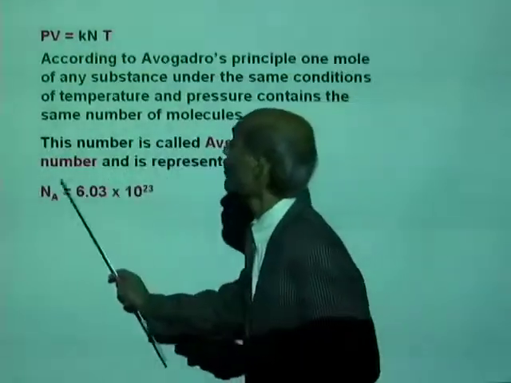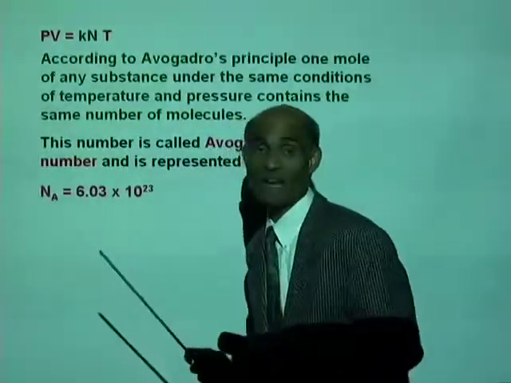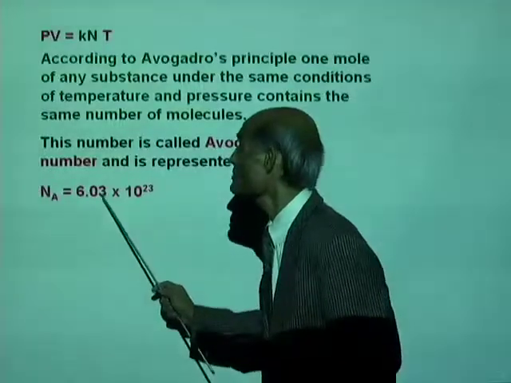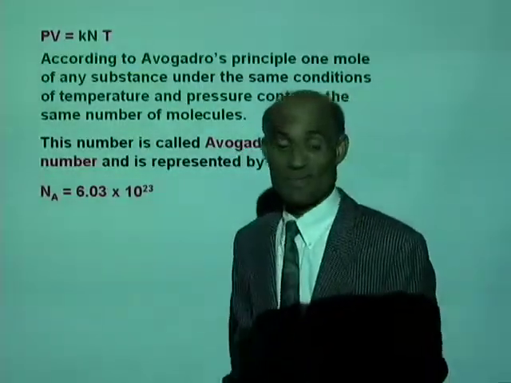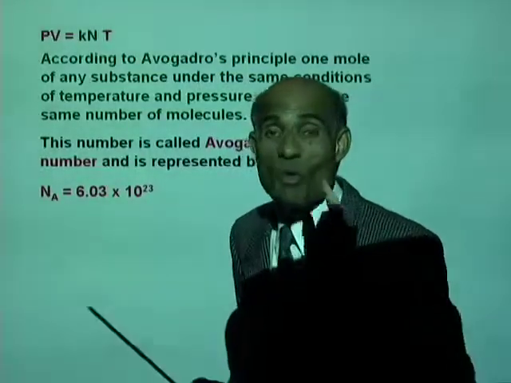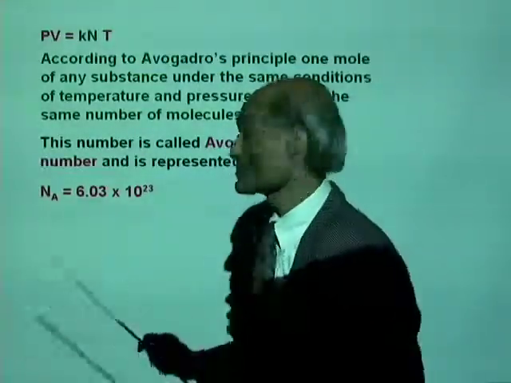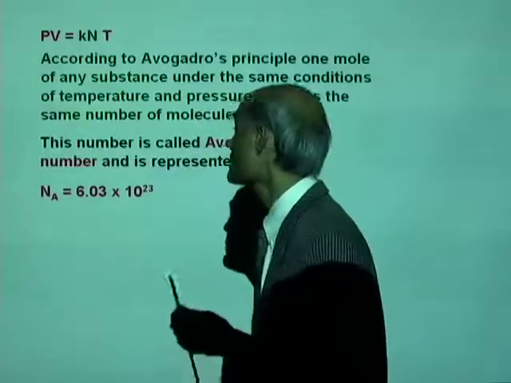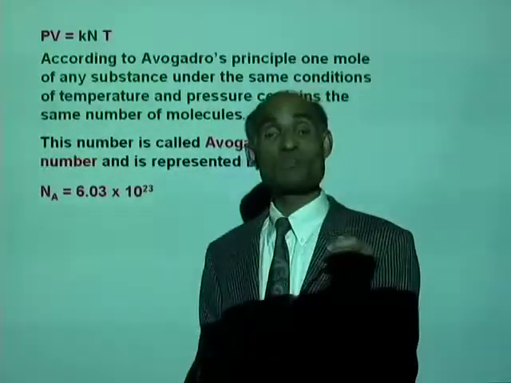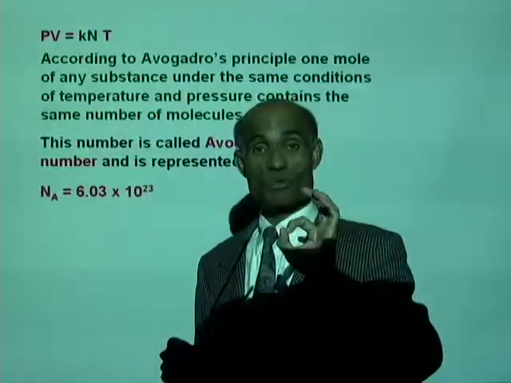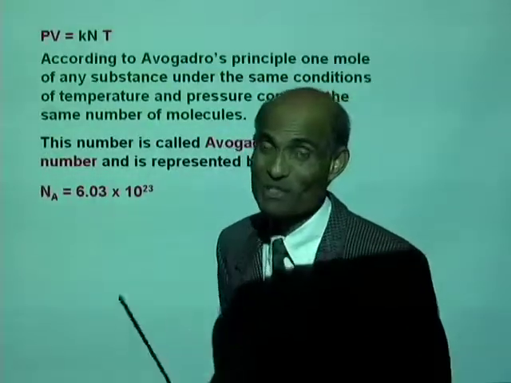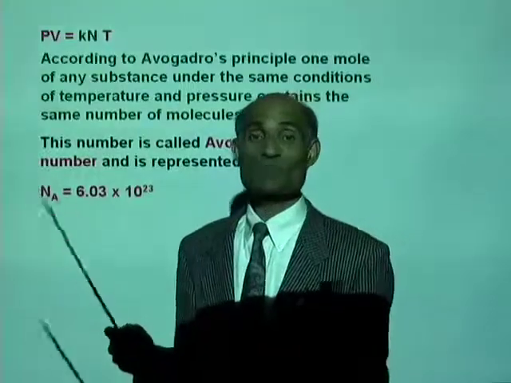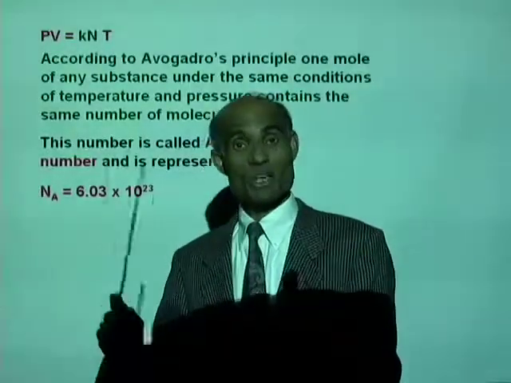Avogadro's number is 6.03 times 10 to the 23. Any 1 mole of any substance will contain 6.03 times 10 to the power of 23 molecules under the same conditions of temperature and pressure. When you vary the conditions of temperature and pressure, it will change.